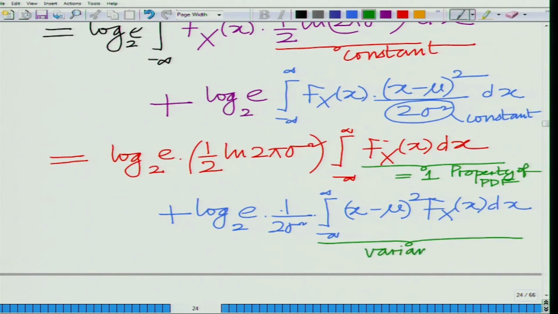This is simply the definition: the integral of x minus mu square f of x dx is the second order central moment, that is the variance of the random variable. This is for any general random variable, not necessarily only for a Gaussian random variable. This is the definition of the variance of a random variable.